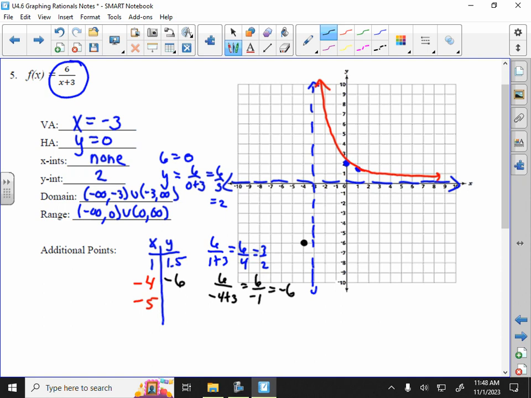So it means I'm doing the math right. And then I'll put -5 in for x now, back in the original problem. So 6 over -5 plus 3. So 6 over -2, which is -3. Okay, if I plot -5, -3, it'll put me right here. Okay, so now I can draw my other curve.